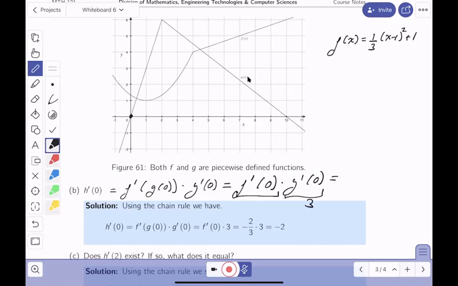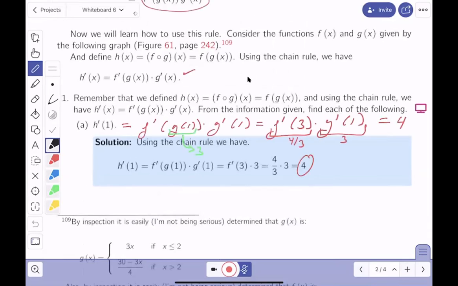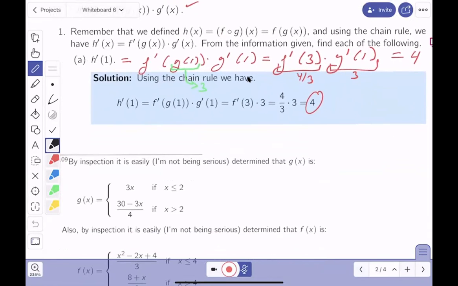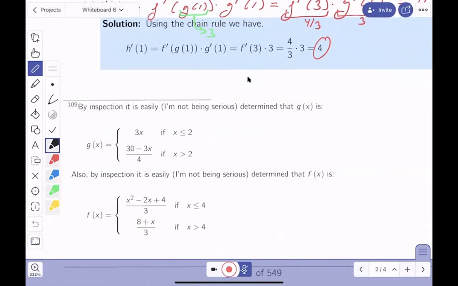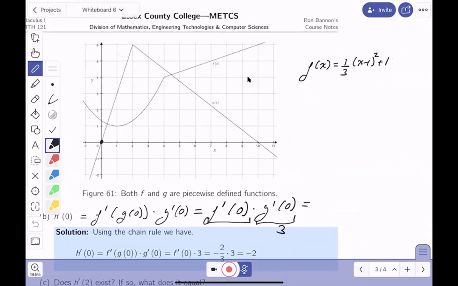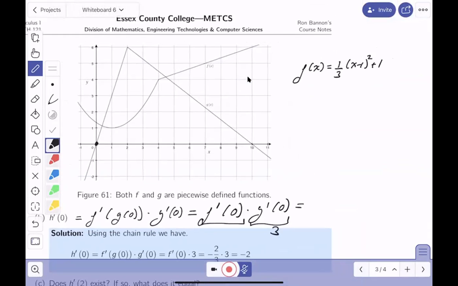But if you don't remember it, I want to point out, we write this stuff down for you. And I'm going to go through the derivation again for you. Vertex is at 1, 1. That's true. I took this point over here as a good sample point. What'd you get? 4 minus 1, which is 3. 3 squared is 9. 9 divided by 3 is 3. 3 plus 1 is 4. It works out beautifully.